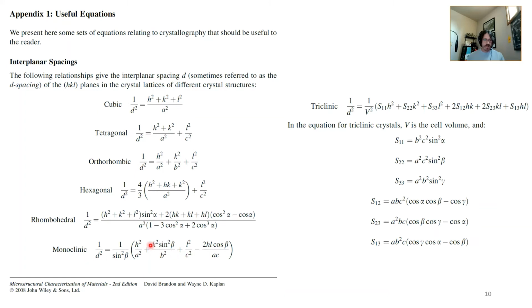For monoclinic you'd have to know beta, and for rhombohedral you'd have to know your alpha angle. Triclinic is spooky. This is crazy, and I don't think I'd ever have anyone work this out.